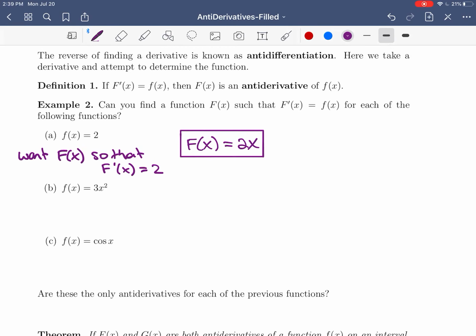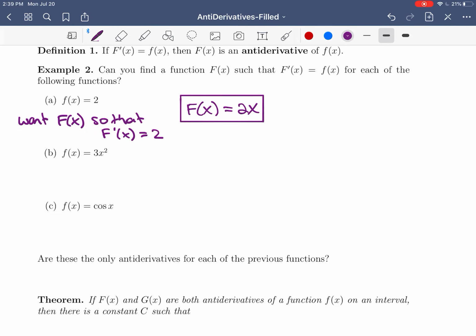Let's try a slightly harder one. What if I want the derivative 3x squared? This one looks familiar. You might remember that the function x cubed has derivative 3x squared. So we could use capital F of x to be the function x cubed. What about cosine of x?